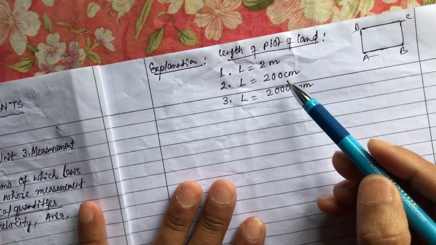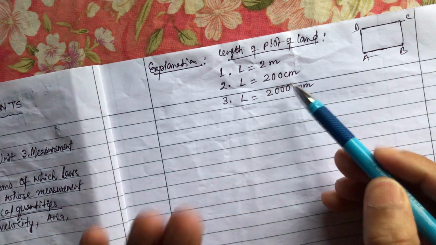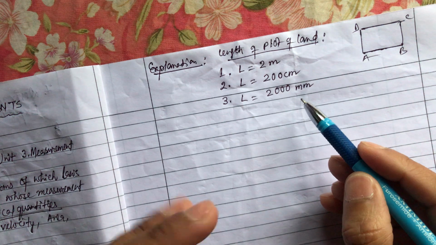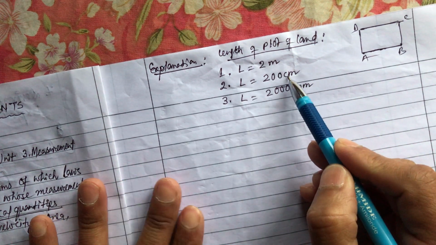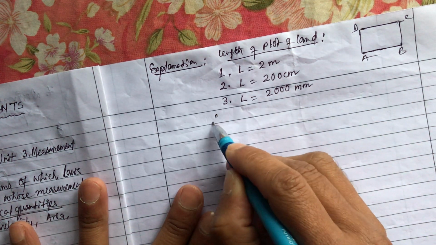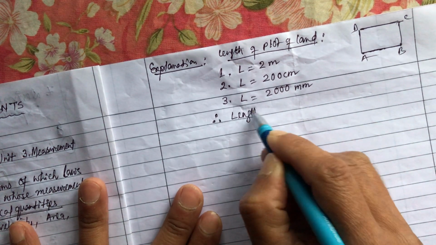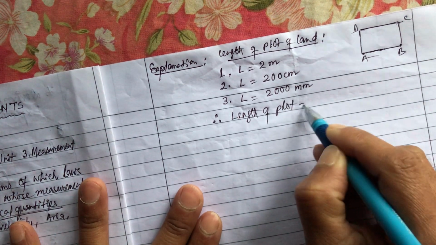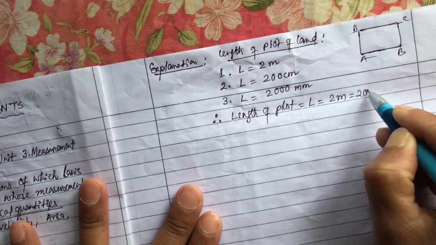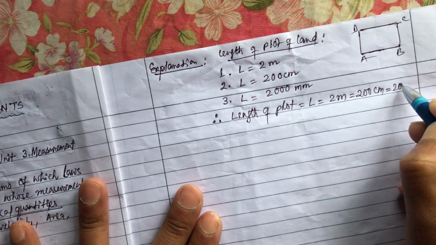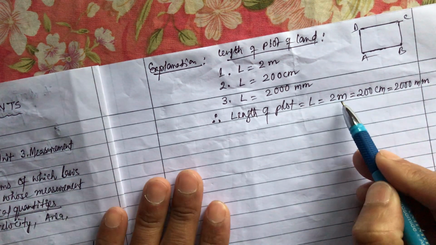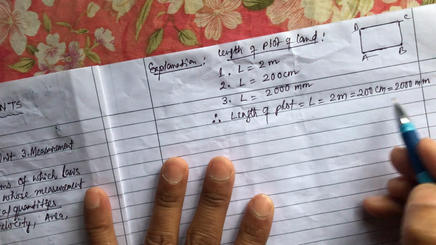No, they did not. They measured all in a correct way, but they used different units. One used meter, the others used centimeter and millimeter. So we can say the length of that plot of land is L equal to 2 meter, 200 centimeter and 2000 millimeter, right?